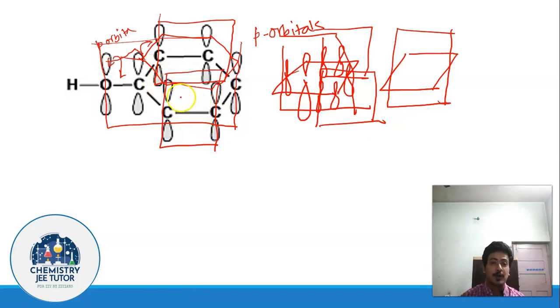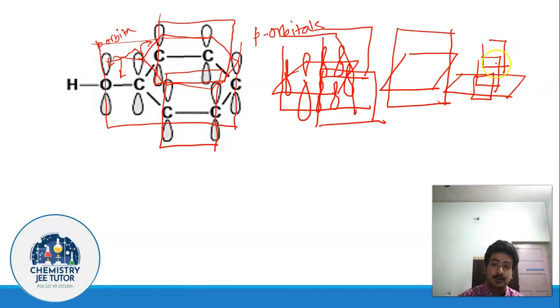But what is more important is that all these three planes we have considered for these p orbitals are actually perpendicular to the plane containing the benzene ring, but these three planes are parallel to each other. So these planes are parallel to each other, although they are perpendicular to this plane.